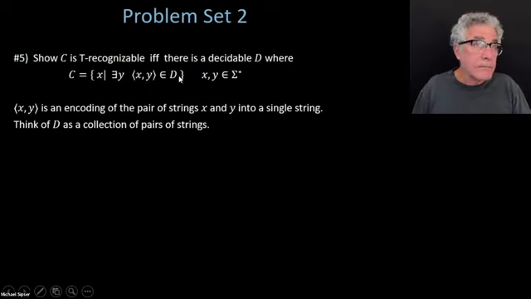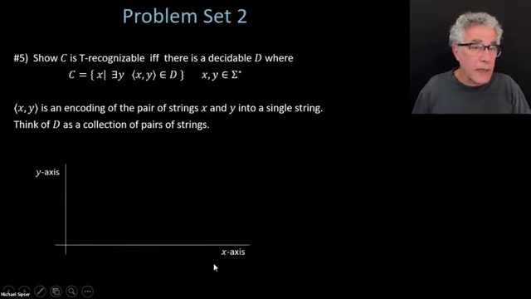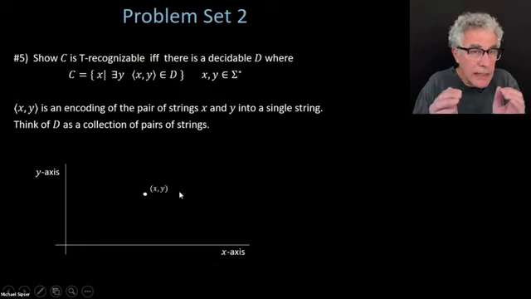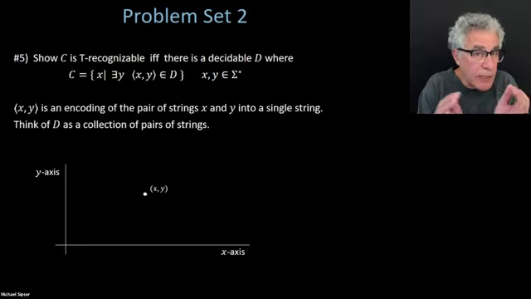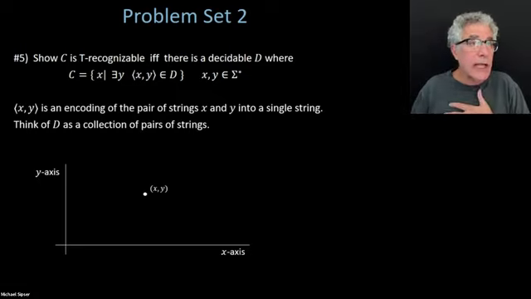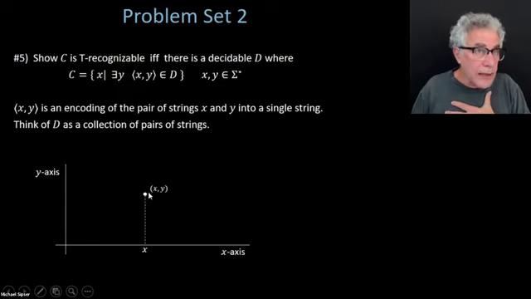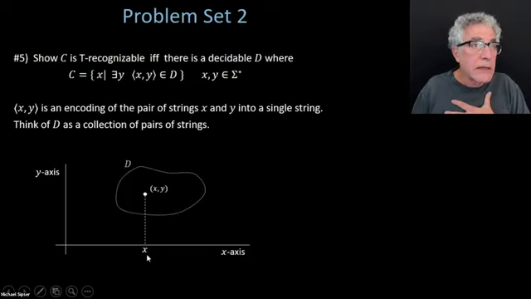Let me try to give you a picture of that. I'm going to think of D as a collection of pairs of strings, and it might be helpful to think of D on the axes here. If we have a pair of strings X, Y, which I have not yet packaged into a single string, I'm thinking of them as a pair of two objects at this moment. The X part is just below here on the X-axis.